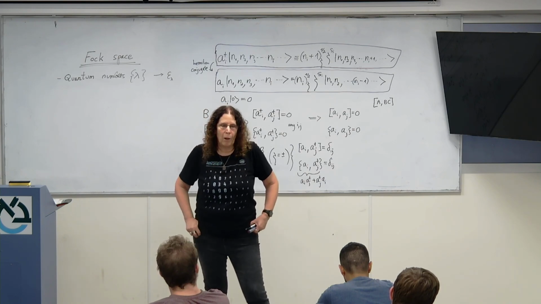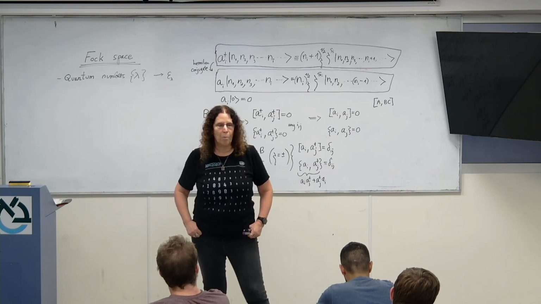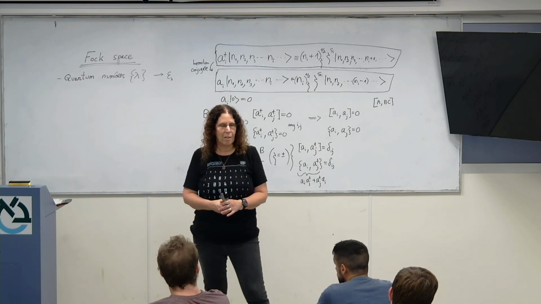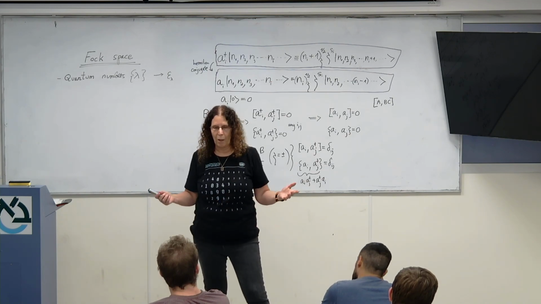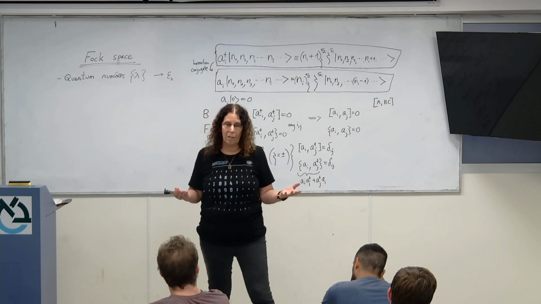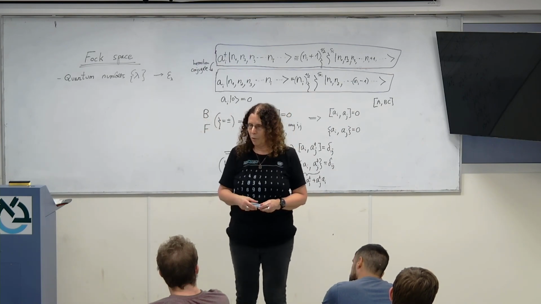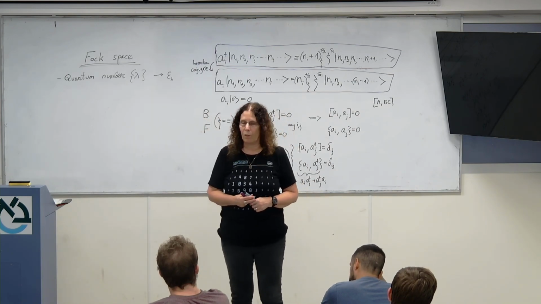Now, what will be this quantum number? If you're talking about a system that has a translation invariance in space, usually the good quantum number is the momentum, k, right? The wave vector.